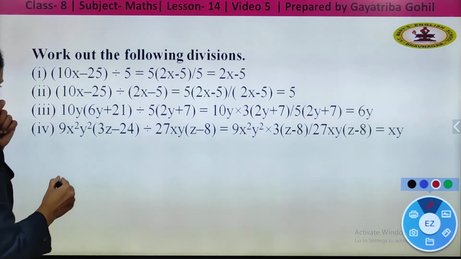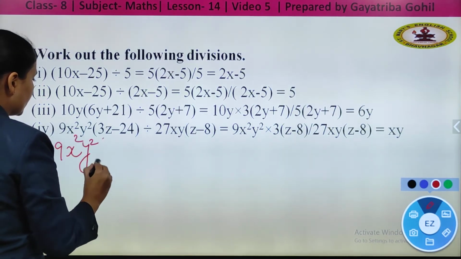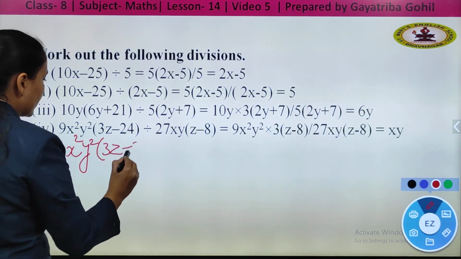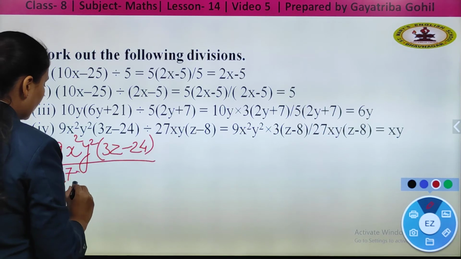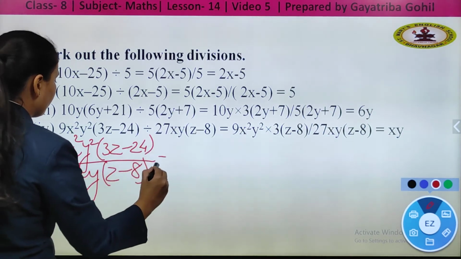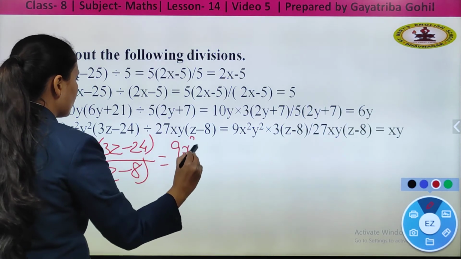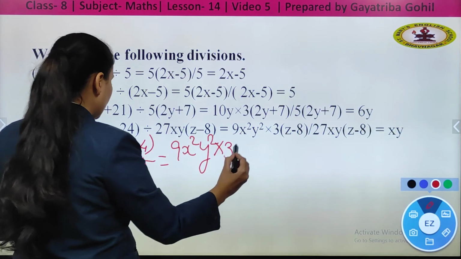Here, 9x square y square into 3z minus 24 divided by 27xy into z minus 8. 9x square y square as it is multiplied by 3.